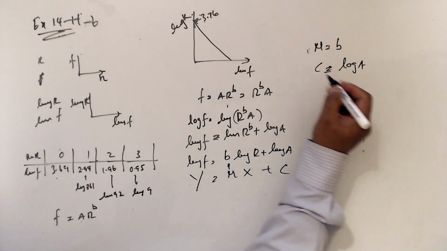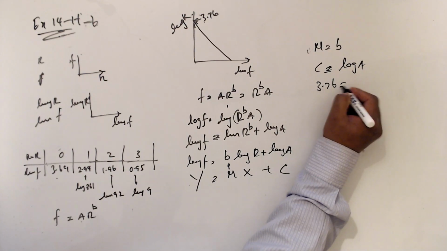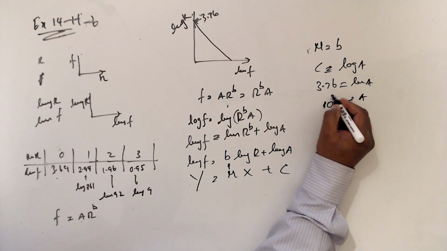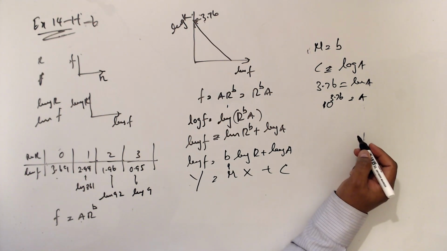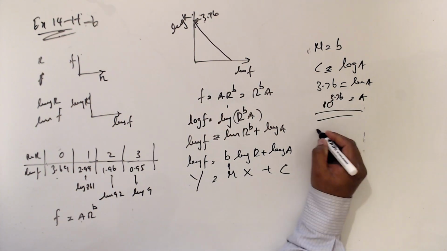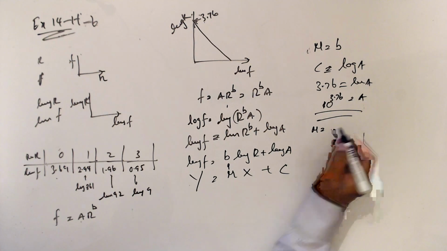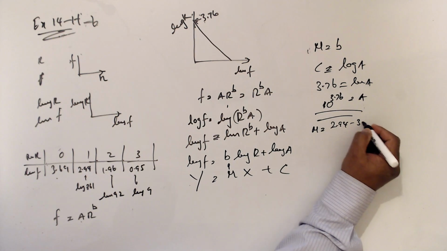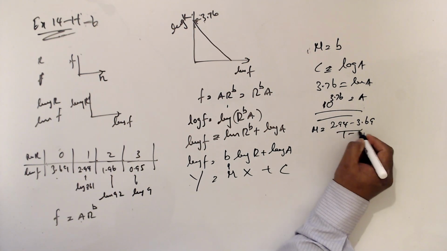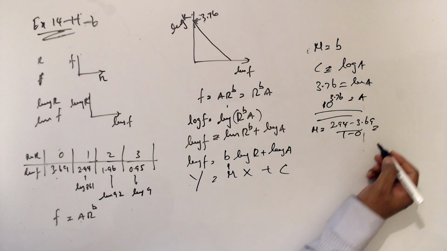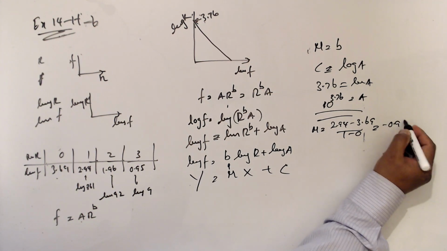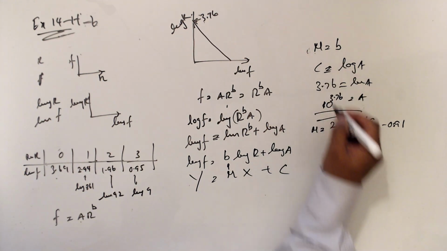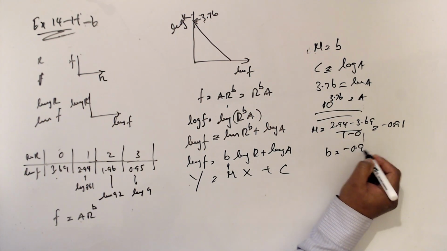So c we know that 3.76 equals log a, so a equals 10 to the power 3.76. And now the gradient, we need to find m. Change in y over change in x: 2.94 minus 3.69 over 1 minus 0. So approximately minus 0.91. So then b equals approximately 0.91.